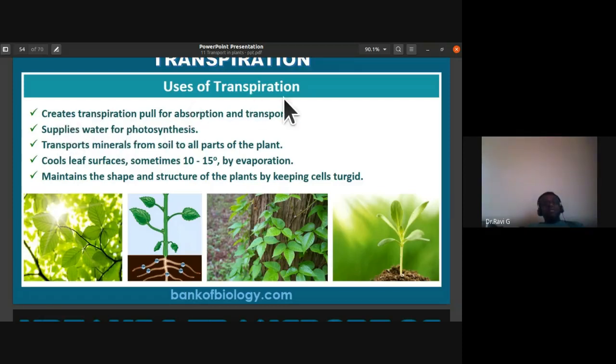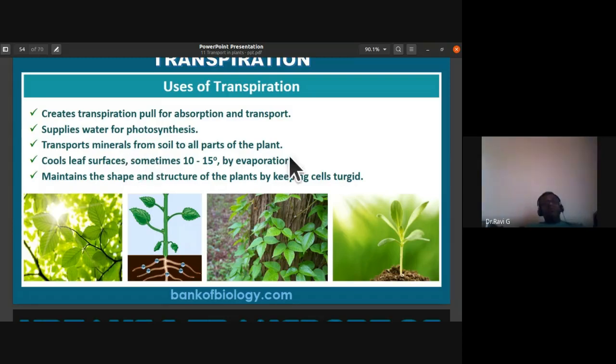Transpiration creates the transpiration pull for absorption and transport of water. Through that pull, a negative hydrostatic pressure gradient is created. It supplies water for photosynthesis. That is also one of the advantages of transpiration.